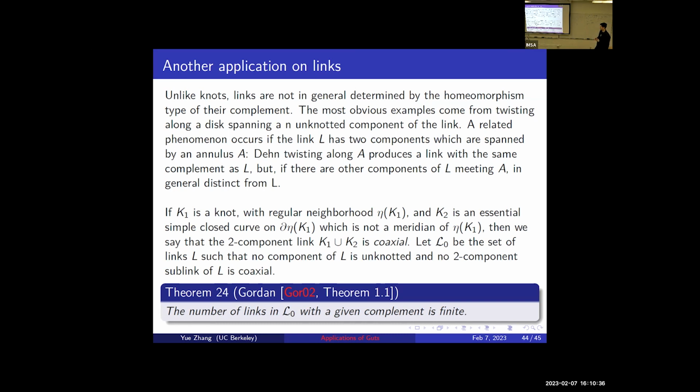And we let L0 be the set of links such that no component of L is unknotted, to exclude the first case, and no two components of a sublink of L are coaxial. If you only consider links with this restriction, then the number of links is finite.